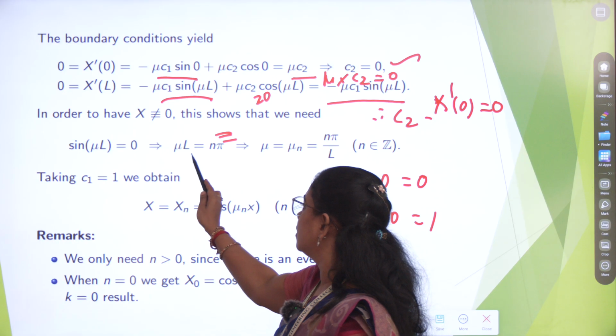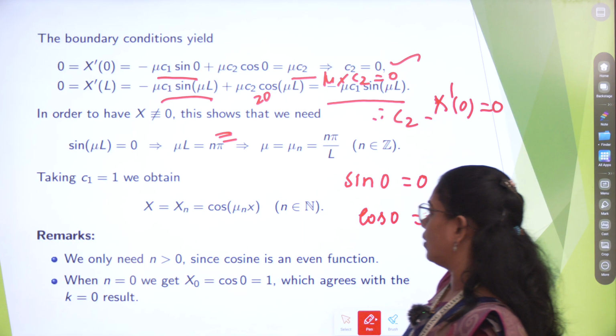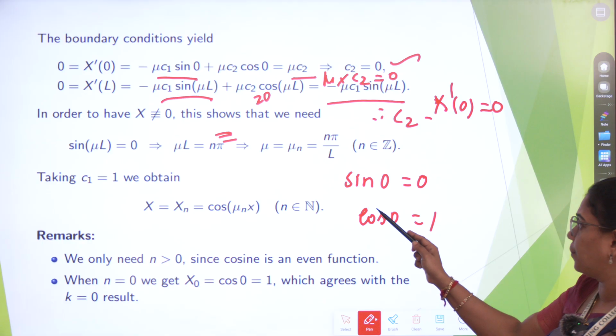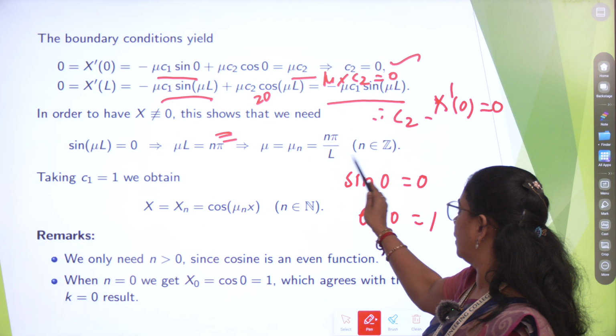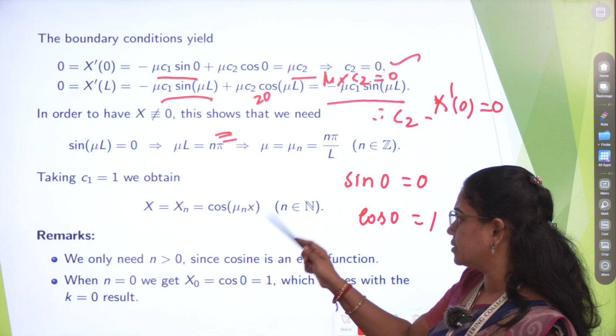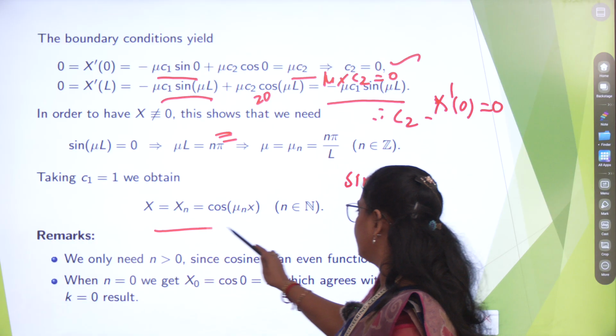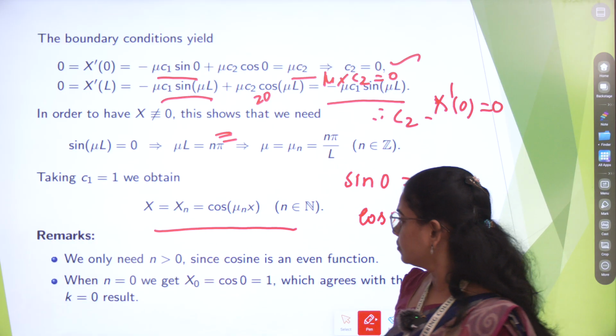This implies mu L equal to n pi, so mu equals n pi by L. Taking c1 equal to 1, we obtain the condition.